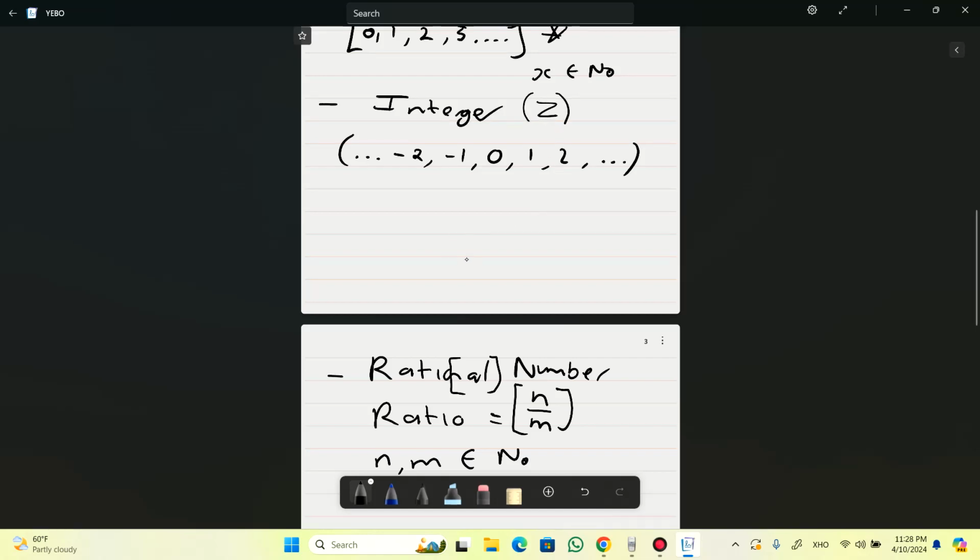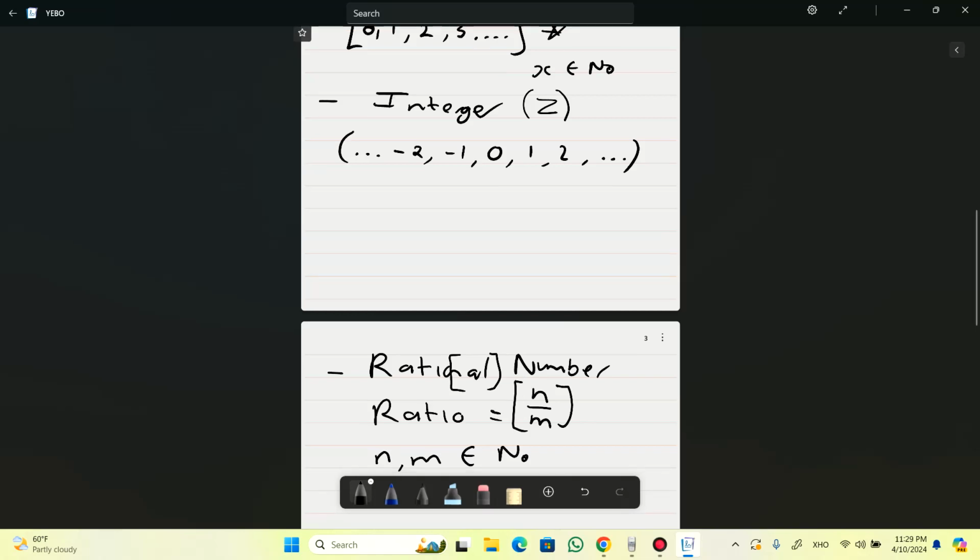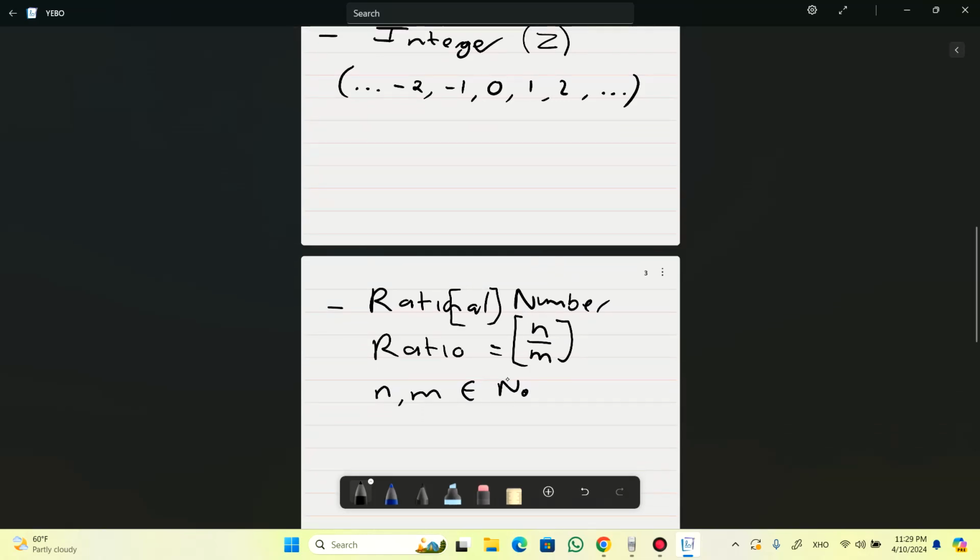So n and m are elements of the integers, meaning n has to be an integer and m has to be an integer.